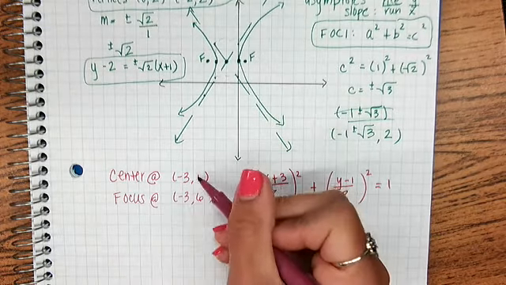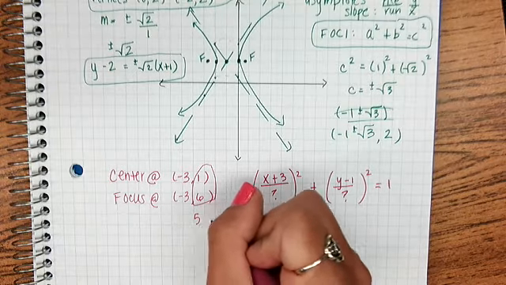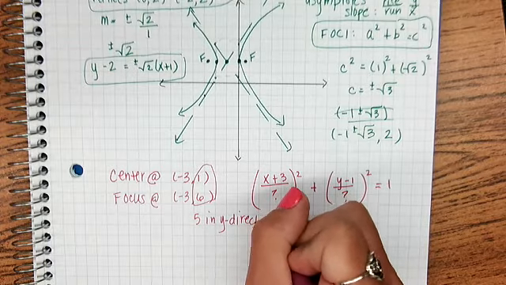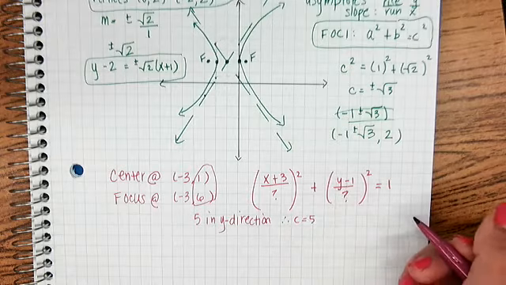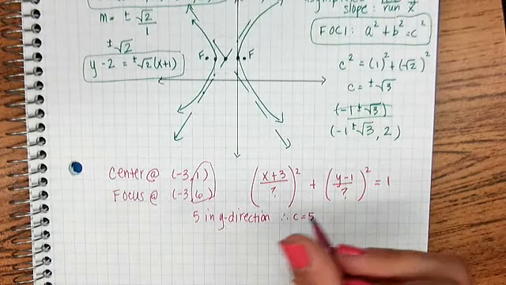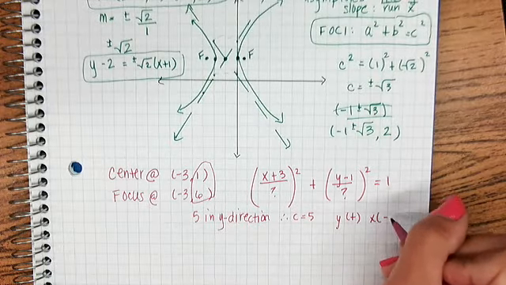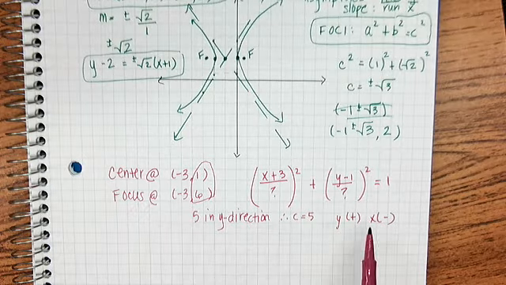That means from the center to the focus, I moved 5 in the y direction, so c is 5. And y is the positive variable, x is negative. Foci are always inside of the graph, so to speak. Foci are in the y direction, therefore y has to be positive.